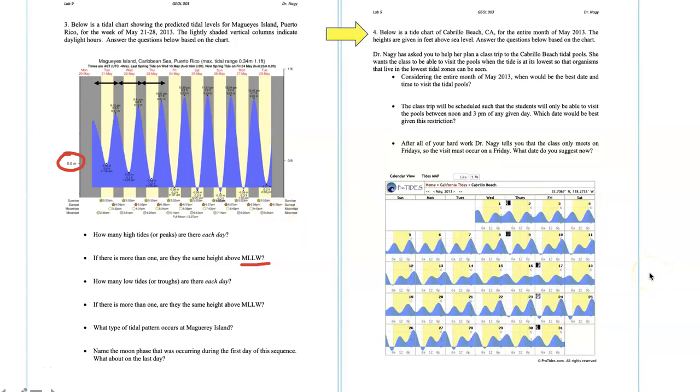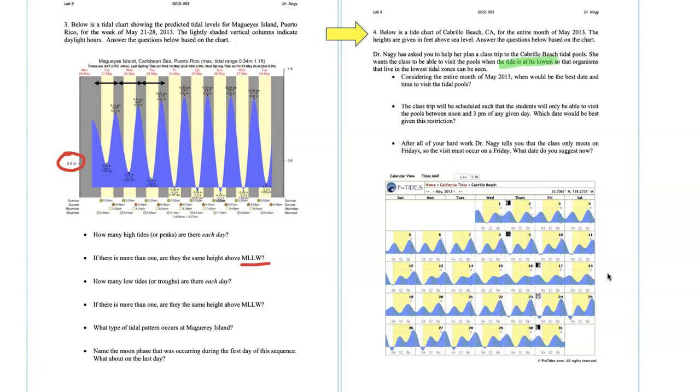We then have a different kind of tidal chart, and this one is showing a whole month, and we've got high, low, high, low, high, low, high, low, indicated by the blue bar. Now, this is something that I've actually done quite a bit, is I take my students down to Cabrillo Beach and we look at the tide pools.